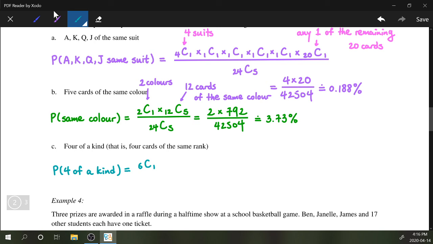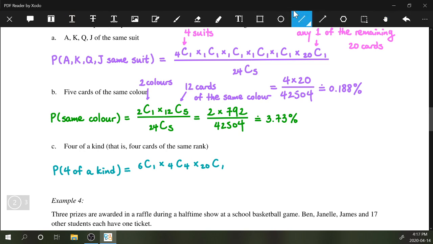It could be 9s, 10s, jacks, queens, kings, and aces. Once we know our rank, we have to choose all 4 of those cards. So that's 4 choose 4. And it's still a 5-card hand, so the last card could just be any of the 20 remaining cards. All right. And then, of course, you will divide by the same number, 24 choose 5.